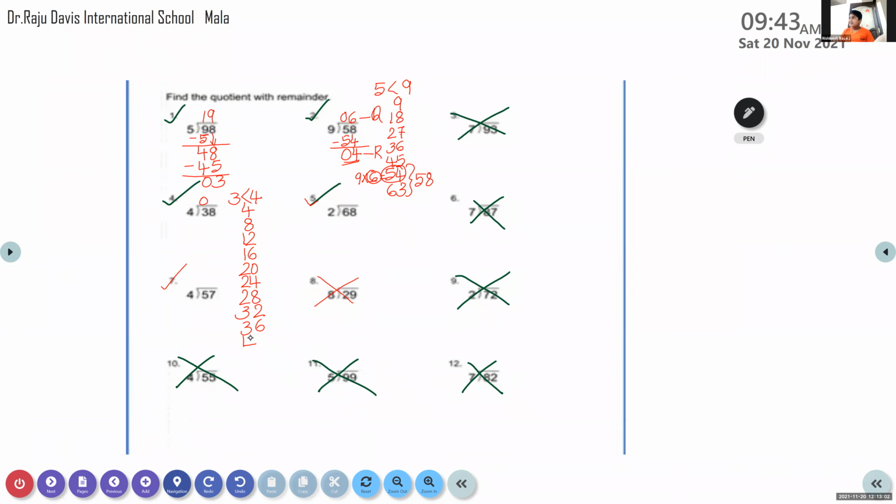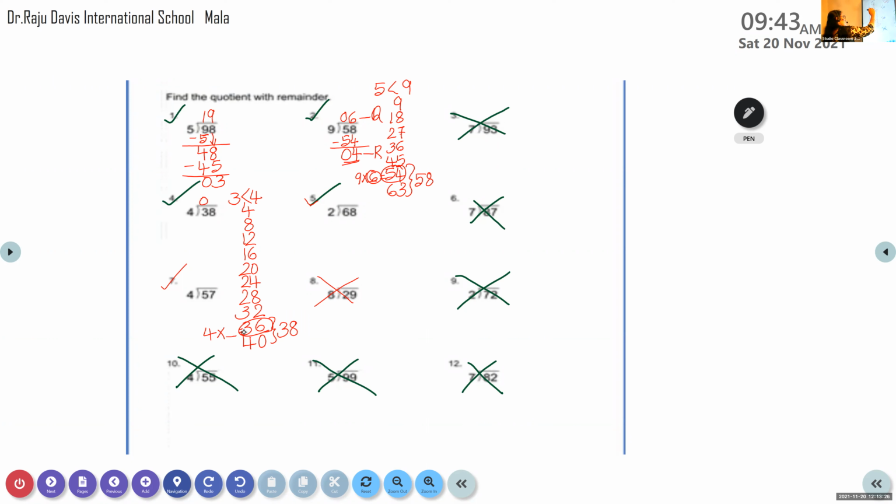And we take 36. 40. You got a number greater than 38. 38 is in between 36 and 40. 40 cannot be taken, it is bigger. So we have to take 36. Now the next thing you have to find out is 4 into what is 36.